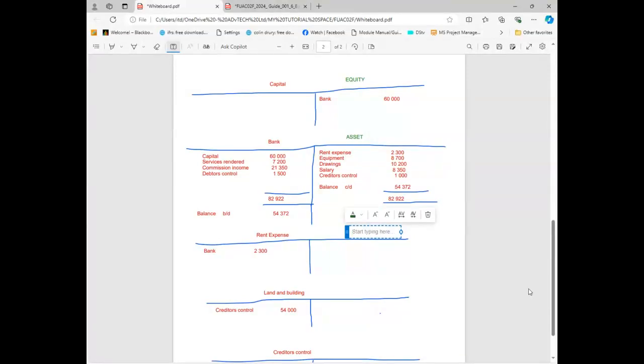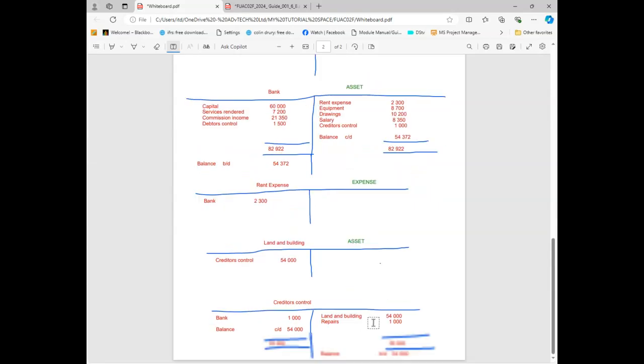Rent expense? Expense. Land and building? Asset, sir. Creditors control? Liability, sir. Finished now. So this will help us a lot.